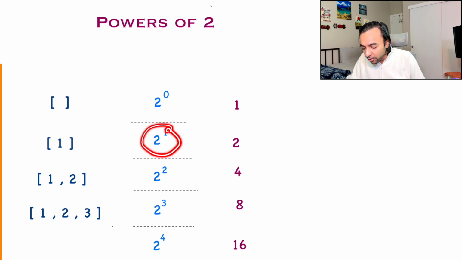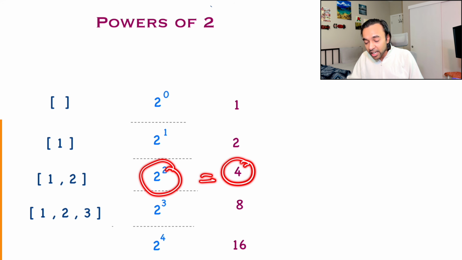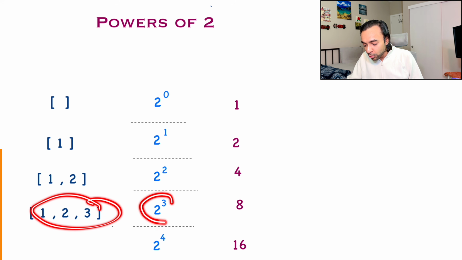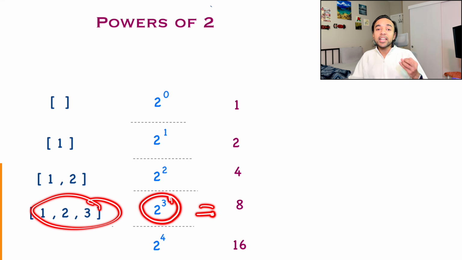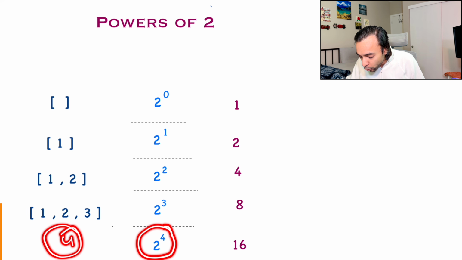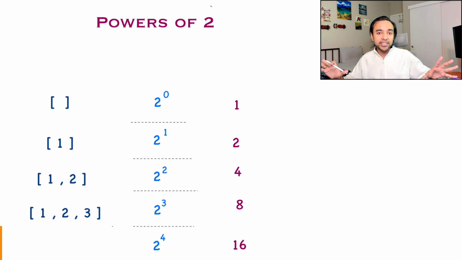That means 2 to the power of 1, and that equals 2. It means I can have 2 subsets possible. When I have 2 elements, 2 to the power of 2, and that means I will have 4 subsets possible. Similarly, for 3 elements, I will have 2 to the power of 3, and that means I can have 8 different subsets. As this value goes on to increase, when you have 4 elements, then it will be 2 to the power of 4, and it means you are going to have 16 different subsets.